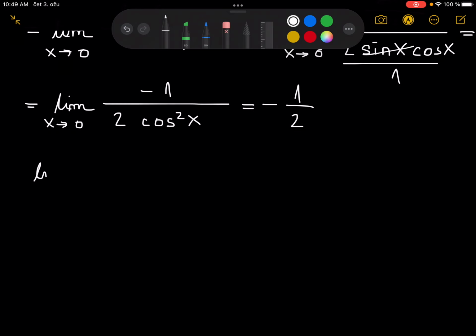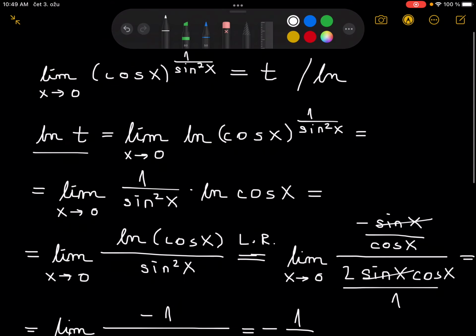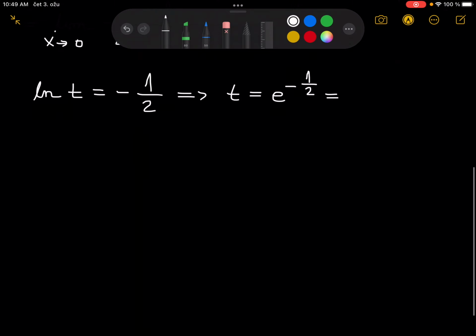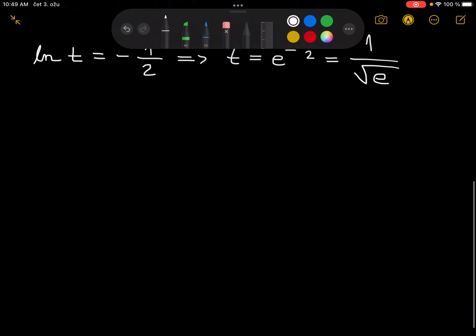So ln of t, which is where we started from right here, is equal to -1/2. So from here it follows that t must be equal to e to the power of -1/2, or this can just be rewritten as 1 over the square root of e.